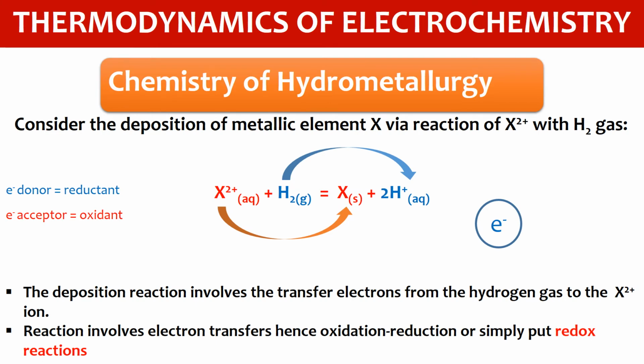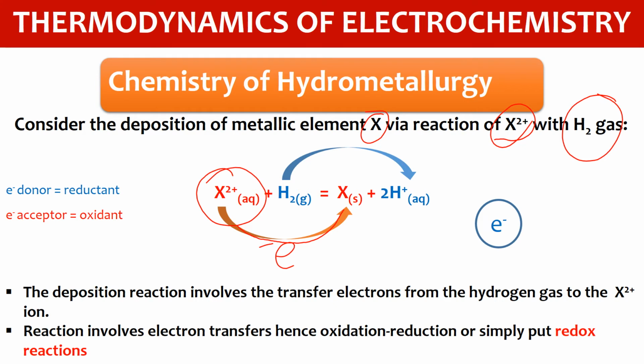Now consider the deposition of a metallic element, let's say X, using the reaction of this metal X2+, and you are doing its reduction using hydrogen gas, as shown in the reaction below. So we can see that your X2+ metal uses electrons, because it's coming from an aqueous state into a solid.